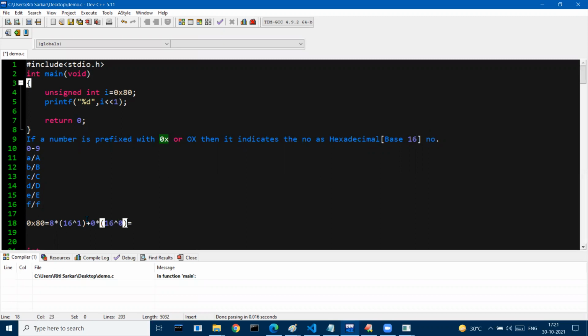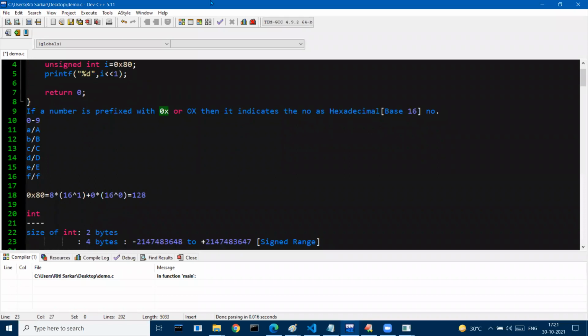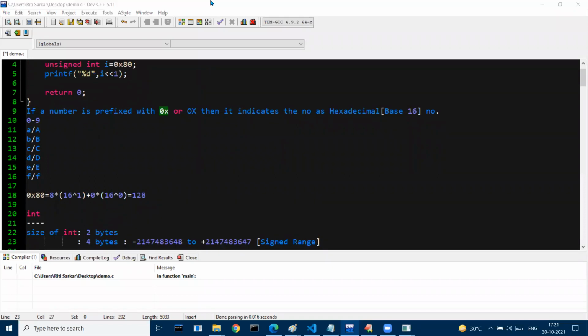So what is the final result? This part is basically 0 and this part is 8 into 16. That means 128. So now it is becoming very easy. Now easily you will tell the answer. 128 left shift by 1. Will you take time to give the answer now?